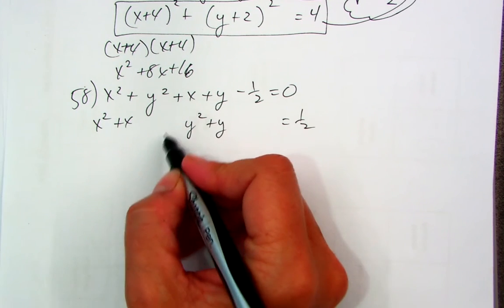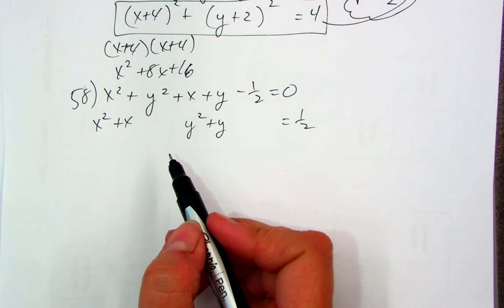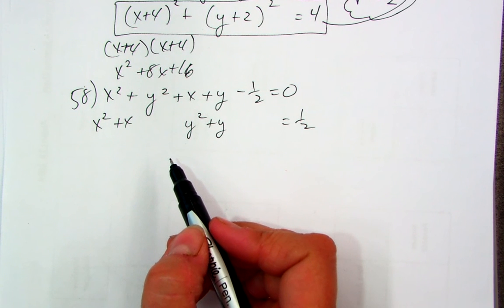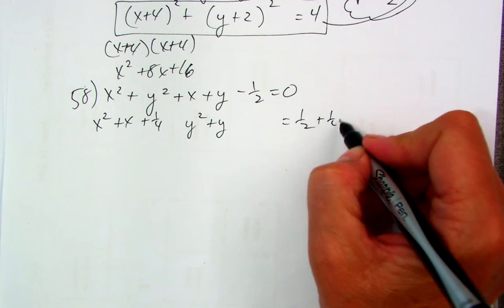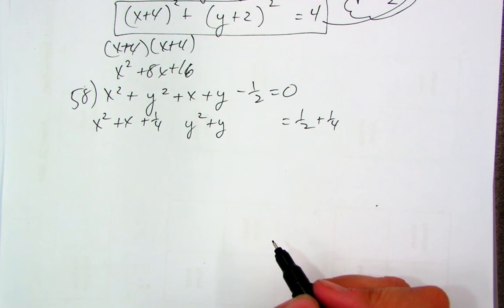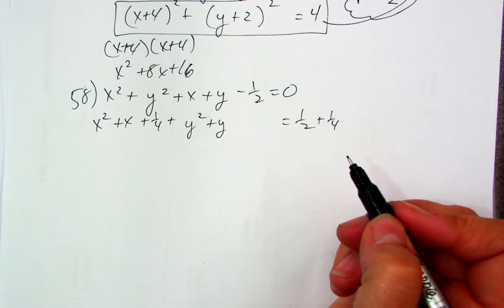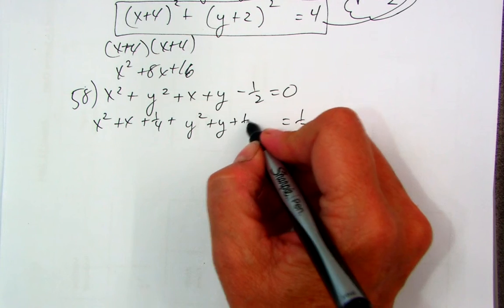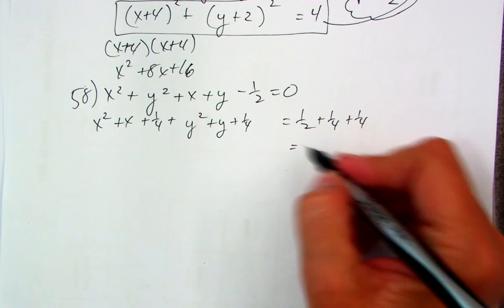What would you like me to put here? What's the formula? B over 2 quantity squared. What's the other one you want me to do? Same thing. What is this going to be?